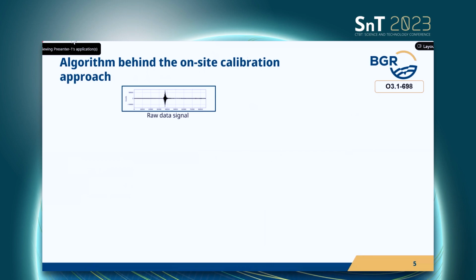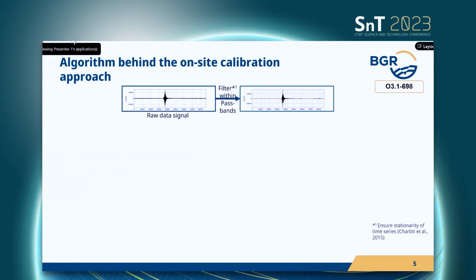Just a quick view at the algorithm. We start with a raw data signal, either a seismic or infrasonic signal, for example a whole day. We filter it within different passbands. Then from this filtered signal, we take a segment. The segment length depends on the frequency range we're looking at.